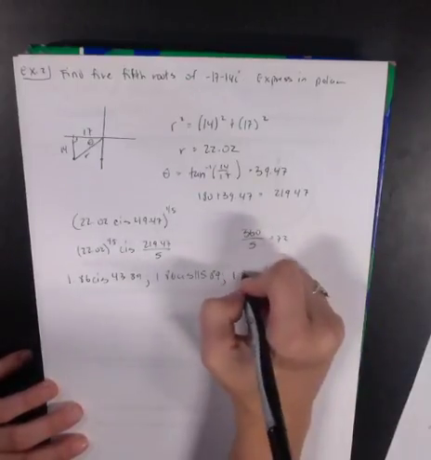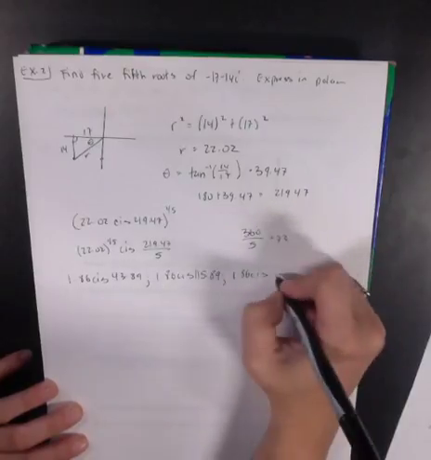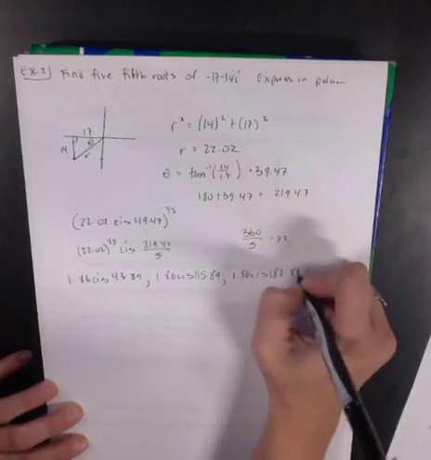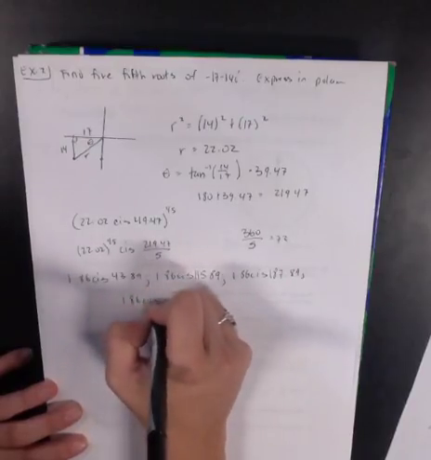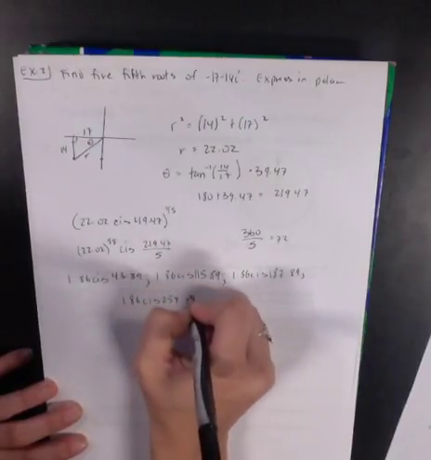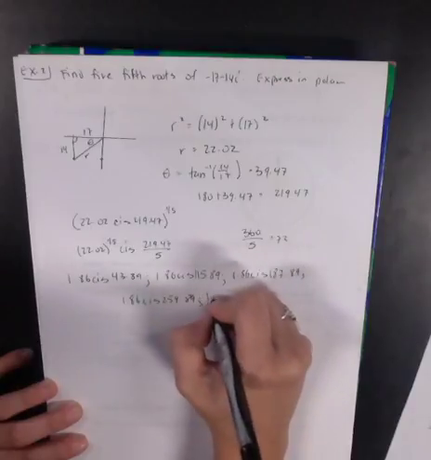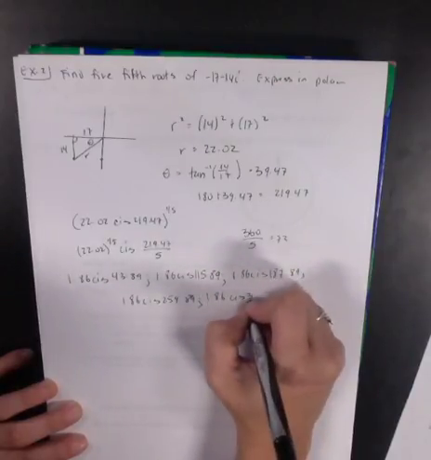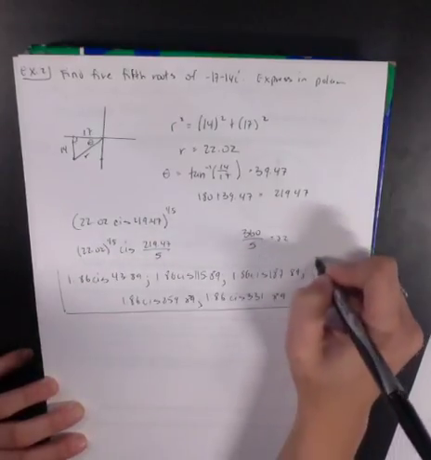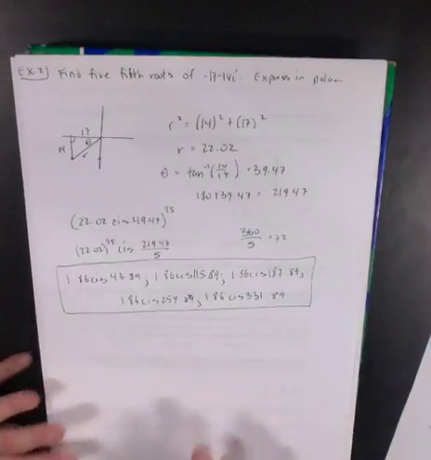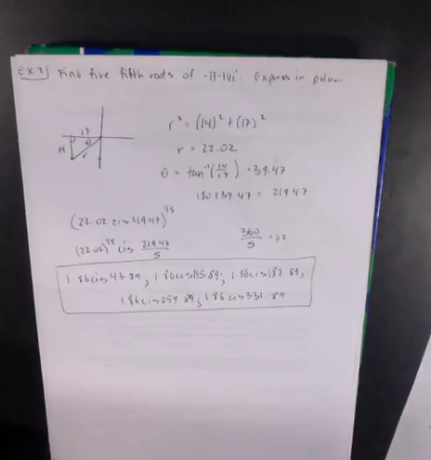Add 72 again. 1.86 cis 187.89. Add it again. 1.86 cis 259.89. Add it again. 1.86 cis 331.89. There you have it. Those are our 5 fifth roots. And that is also all for today.